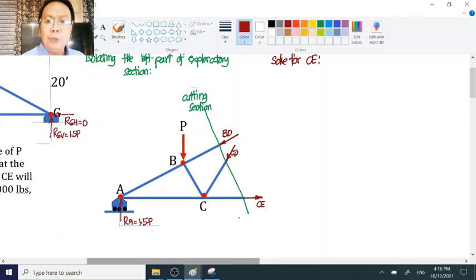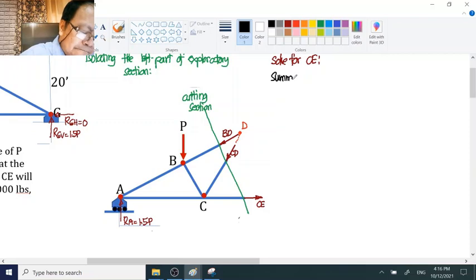And since we know that, itong dalawang forces ay nag-i-intersect dito sa point din ito. Kung in-extend kasi natin ito, so ito yung point na kung saan they would be intersecting. And this point actually is our point D. Diba? Kaya kung magsasum up tayo ng moment, summing up moment about D equal to 0, so what are we going to get?